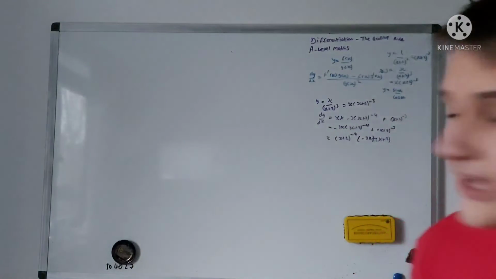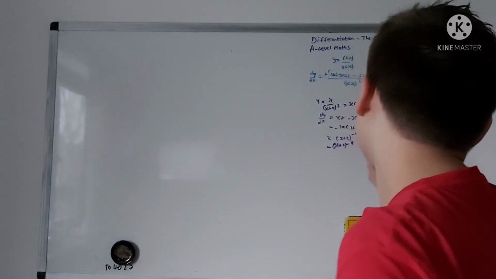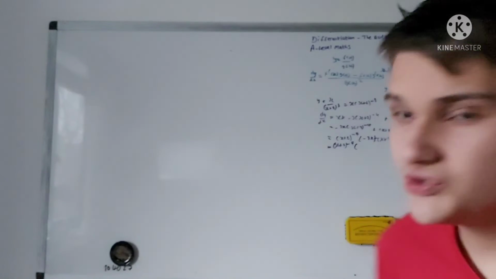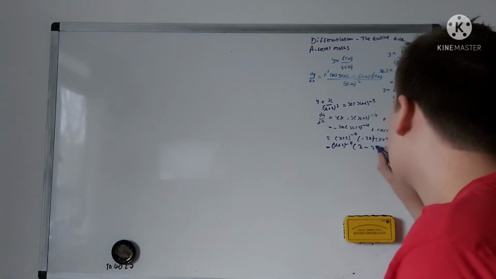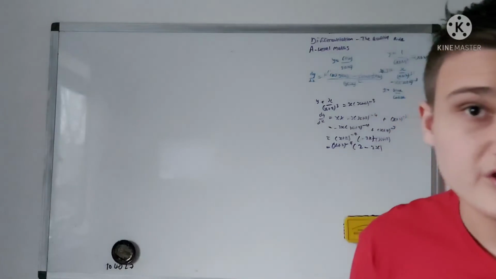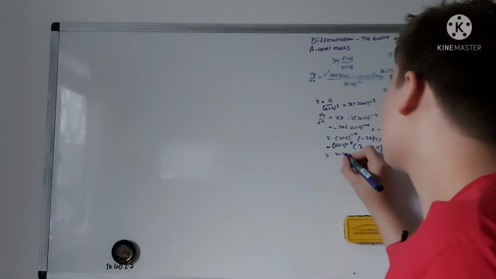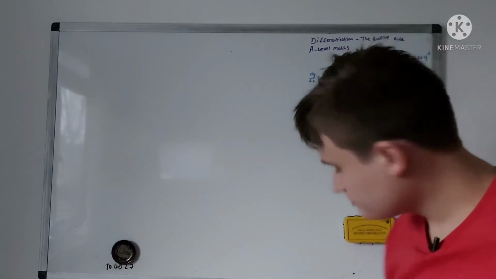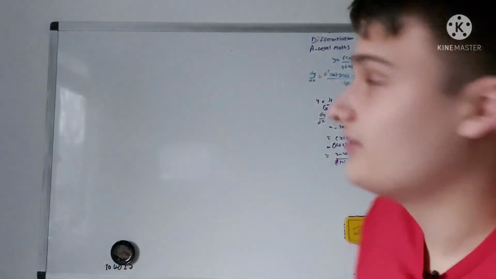So you end up with (x plus 2) to the minus 4, and then what is that? Was it 2 minus 2x? So I think you end up with that, which could be written as 2 minus 2x over (x plus 2) to the power of 4. So that's using the product rule, which I've done in a previous video, right?